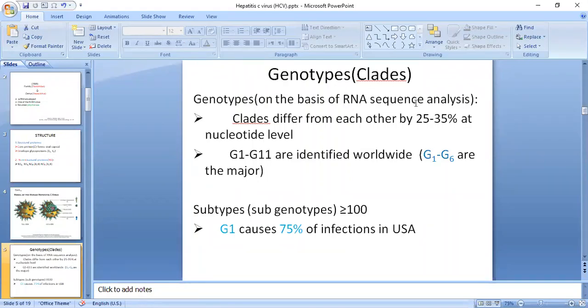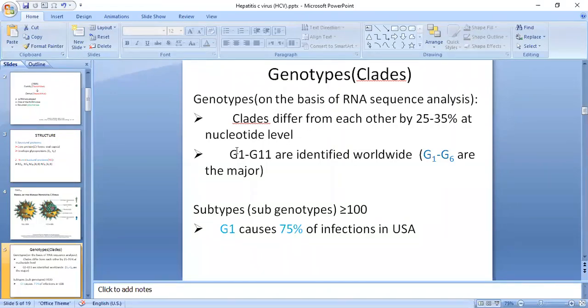On the basis of nucleotide sequences, they are divided into various genotypes, which are also called clades. Clades differ from each other by 25 to 35% at the nucleotide level.